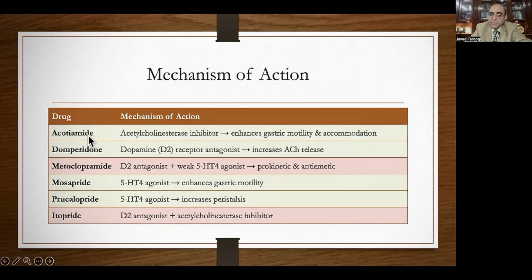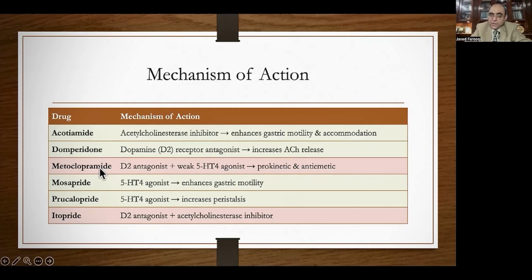So the prokinetics highlighted in green, that is acotiamide, domperidone, mosapride, and prucalopride, have one mechanism of action. Acotiamide is an acetylcholinesterase inhibitor, domperidone is a dopamine D2 receptor antagonist, while mosapride and prucalopride are 5-HT4 agonists.